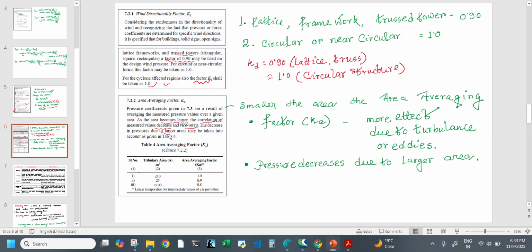The decrease in the pressure due to larger areas may be taken into account. The area is less, the area averaging factor is more. The area is more, the area averaging factor is going down. Linear interpolation is taken. For smaller areas, the area averaging factor will be more due to the effect of turbulence and eddies. Pressure decreases due to the large area.